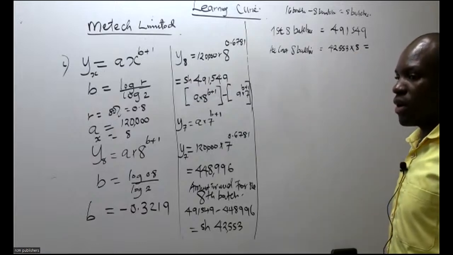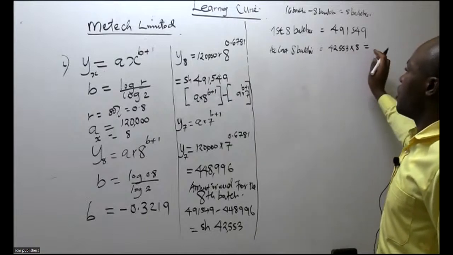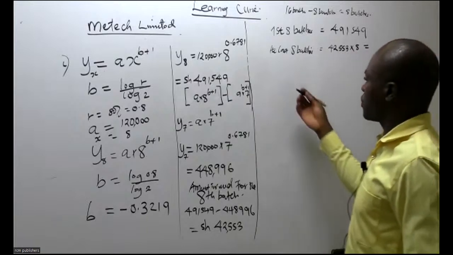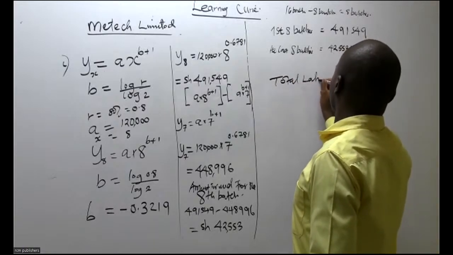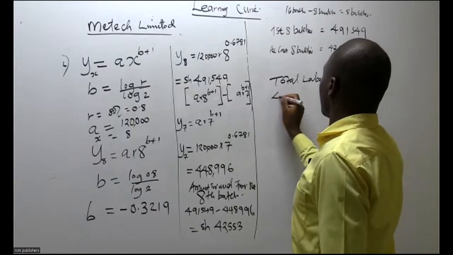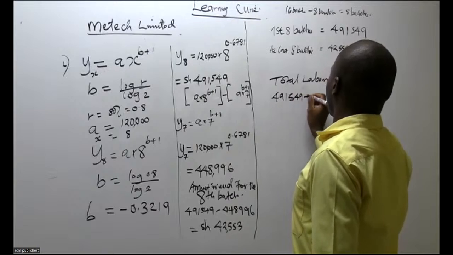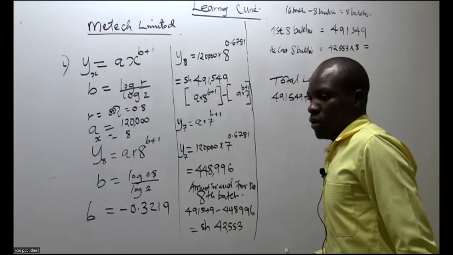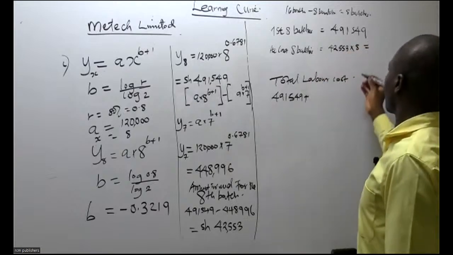How much will you incur? 42 times this. It will be 491,549 plus 340,424.